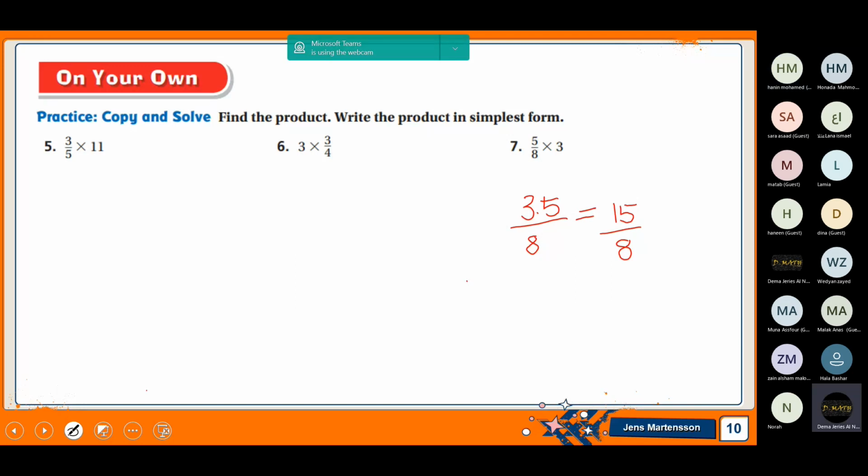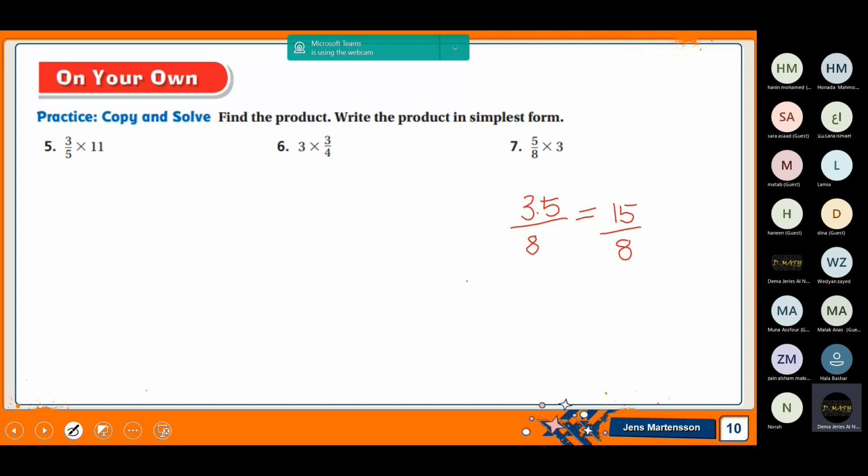We have to do simplest form. How? We'll make the 15, divide by 3. I forgot how.